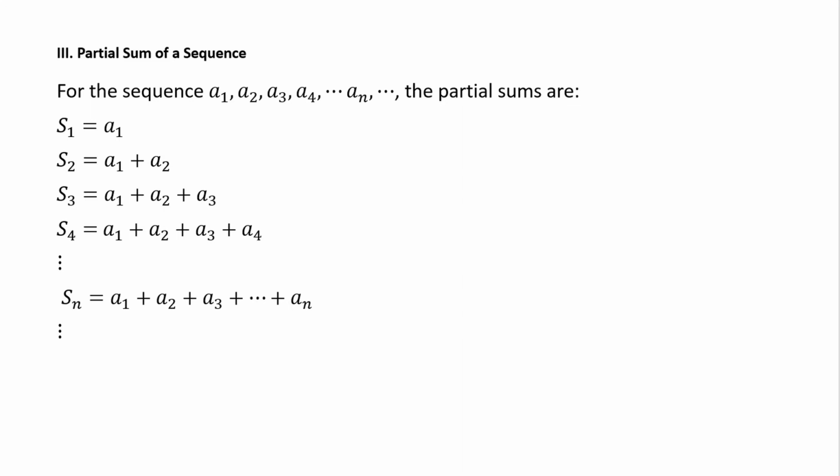And the fourth partial sum, denoted S sub 4, is equal to a sub 1 plus a sub 2 plus a sub 3 plus a sub 4, or the sum of the first 4 terms of the sequence. And if we're looking for the nth partial sum, S sub n is equal to the sum of the first n terms of the sequence.